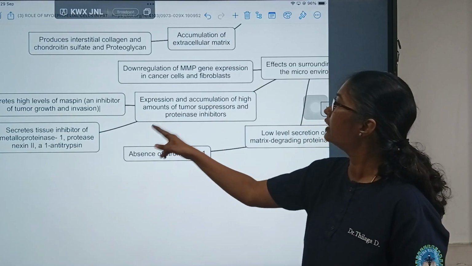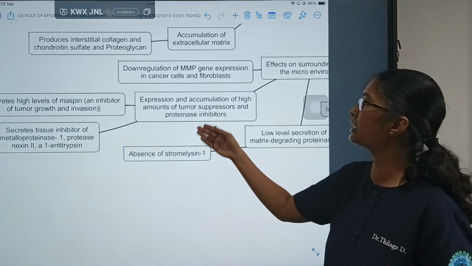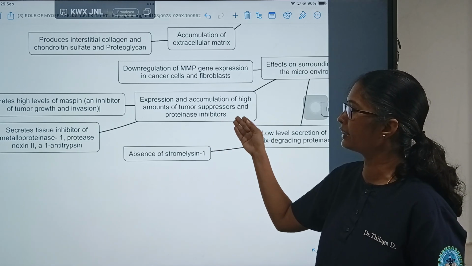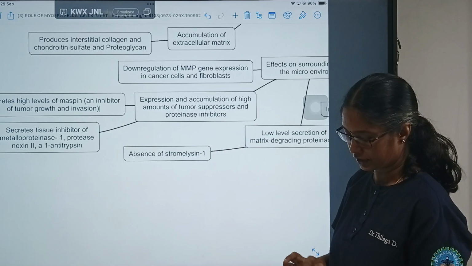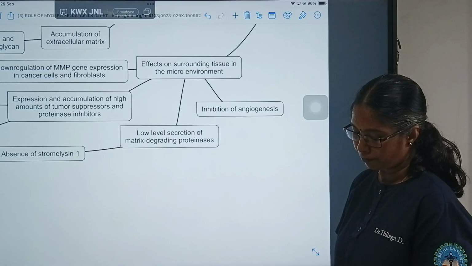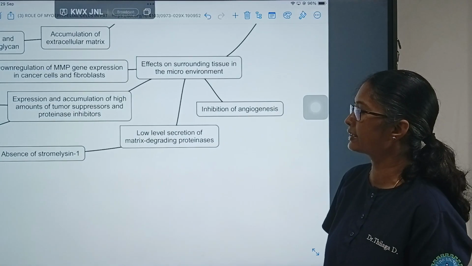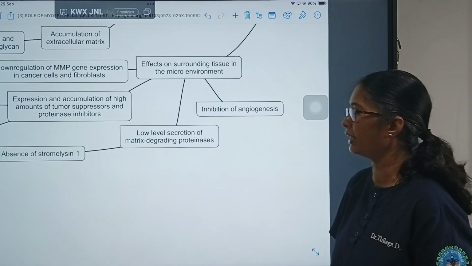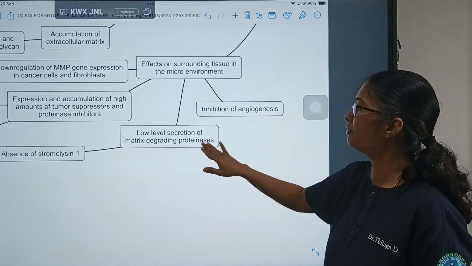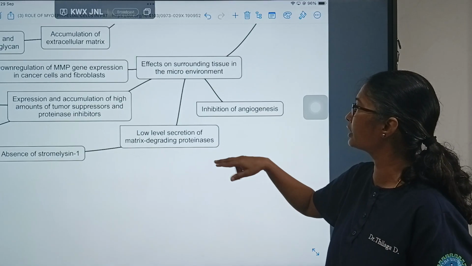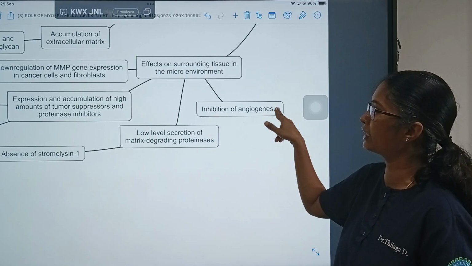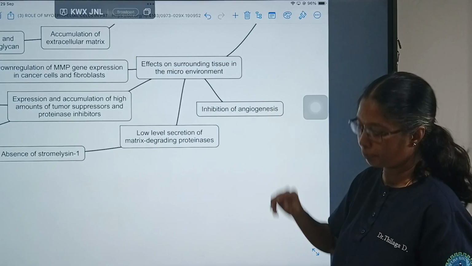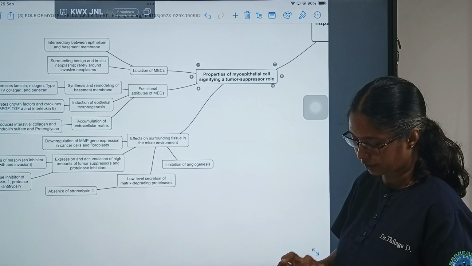These are the substances expressed by the myoepithelial cells which prevent tumor progression. Low level secretion of matrix degrading proteinases, that is the absence of stromelysin, is the main thing which prevents protein degradation, along with inhibition of angiogenesis. That is also an important function of the myoepithelial cells to prevent tumor progression.